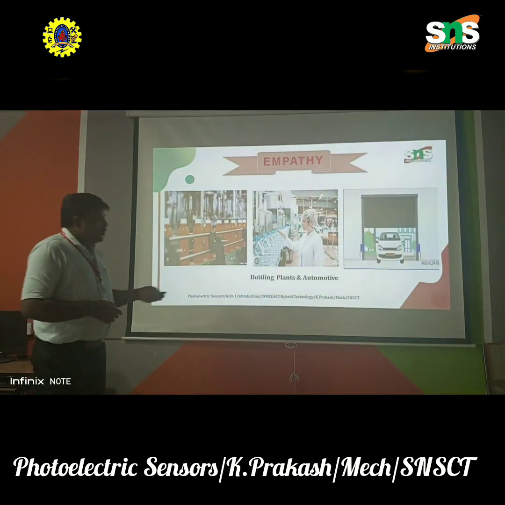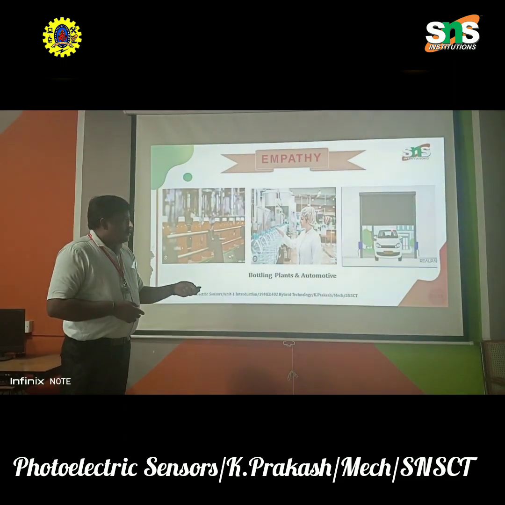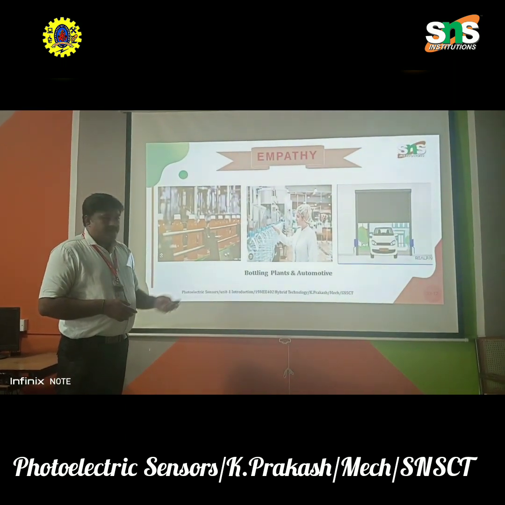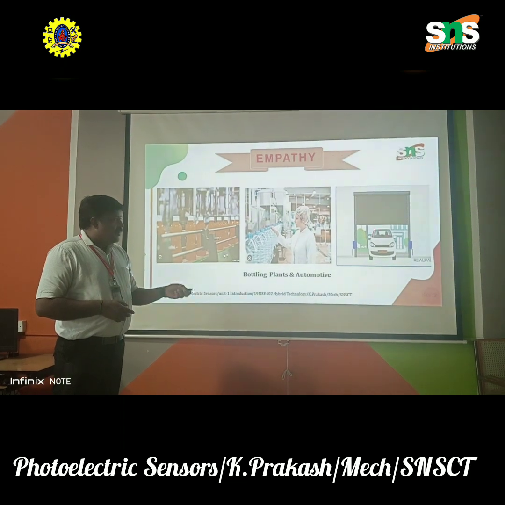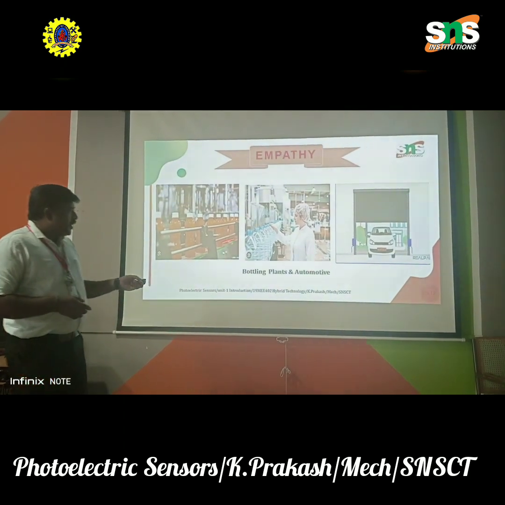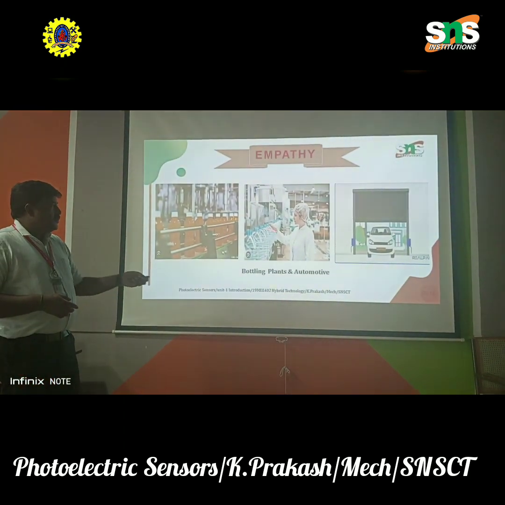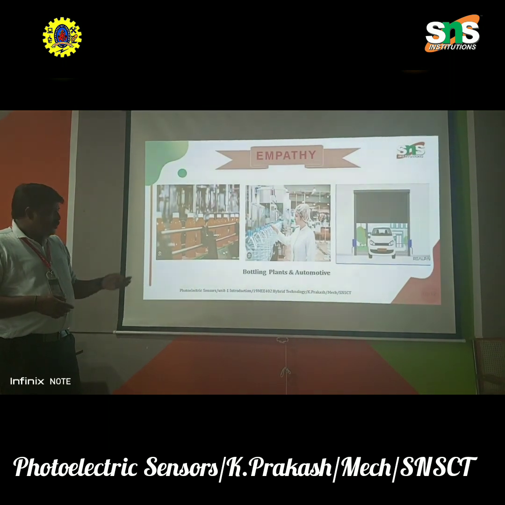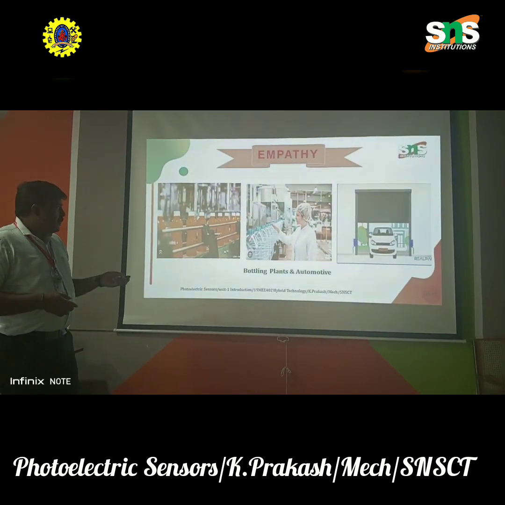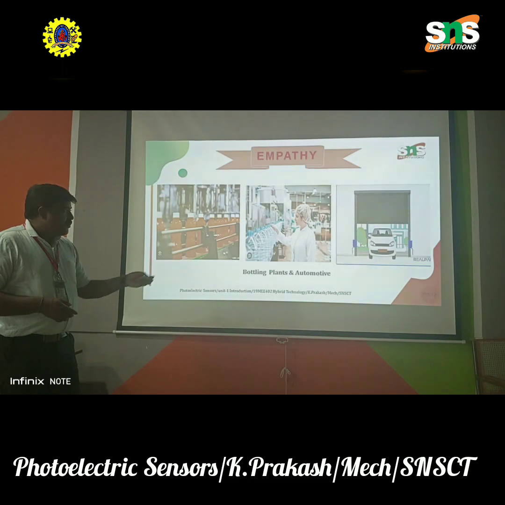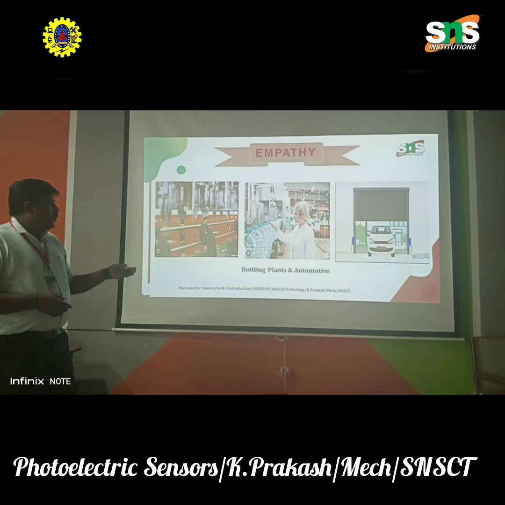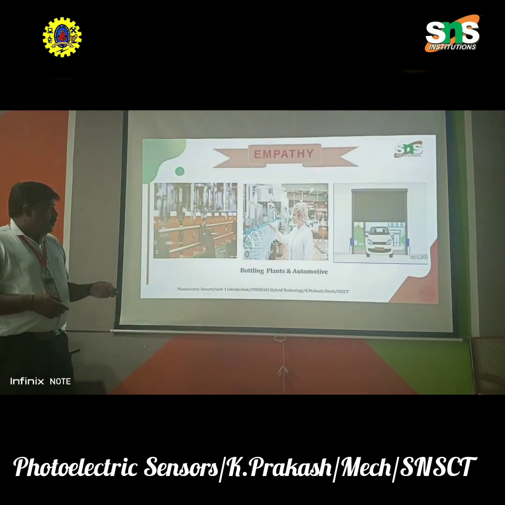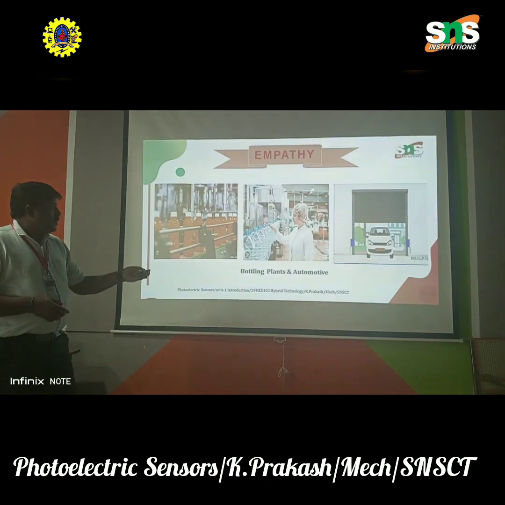I am coming to the third one here. This is a gate where the vehicles are passing. There is some connectivity between these three pictures. If you go with the empathy, if we have direct feedback, or if you go and visit the plants, manual counting is very difficult in these cases.